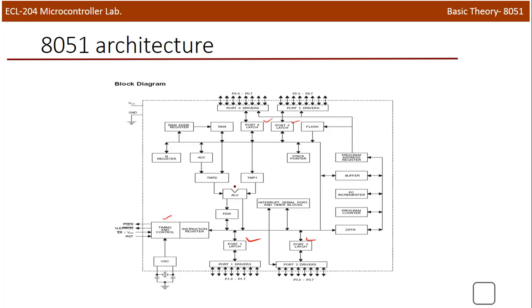You can see the ALU, arithmetic and logic unit, and some basic registers known as the accumulator, B register, and stack pointer. When you study the theory, you will study all these modules. For the programming part, we are not going into details.